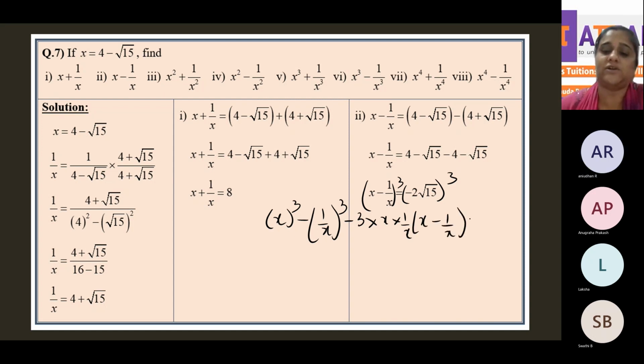Now tell me the value of minus 2 root 15 the whole cubed. Anybody online, take your time and calculate.